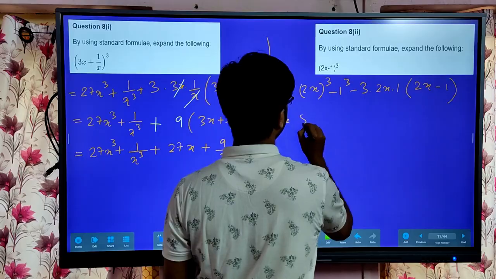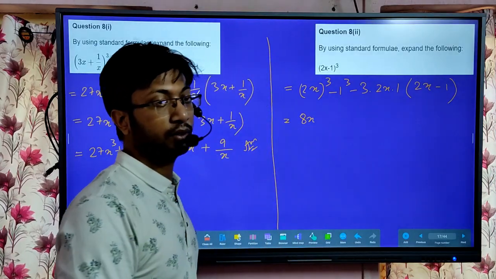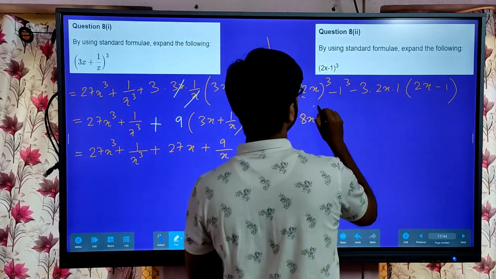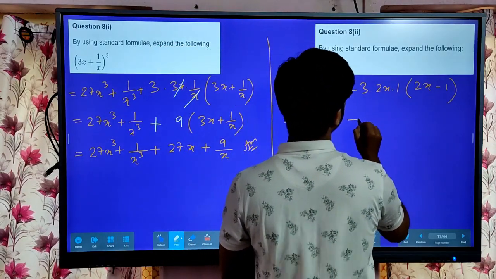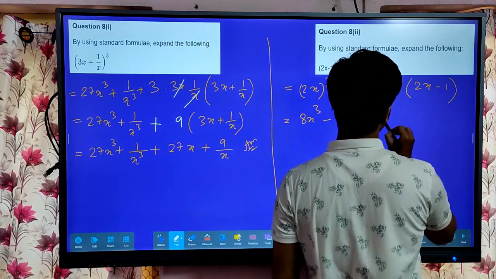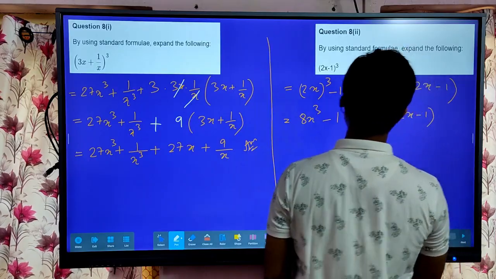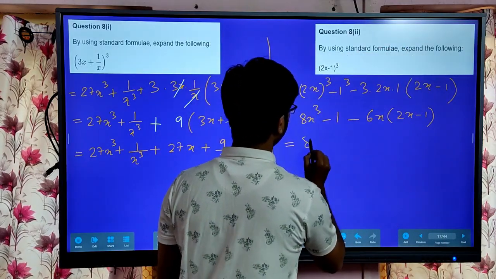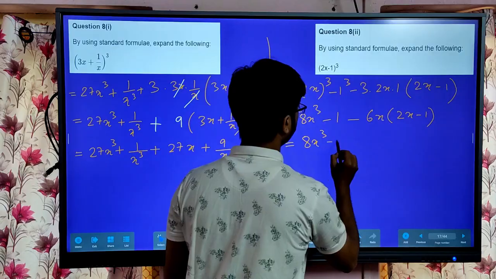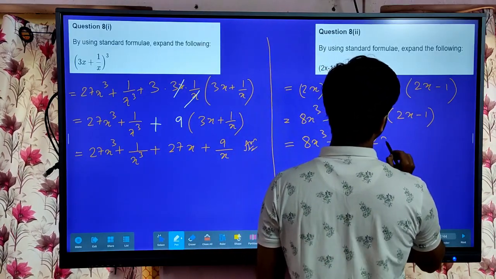So it will be 8x cube, since 2 cube is 8, minus 1 cube is 1, minus 3 into 2x into 1, which is 6x, into 2x minus 1. So it will be 8x cube minus 1 minus 6x into 2x minus 1.